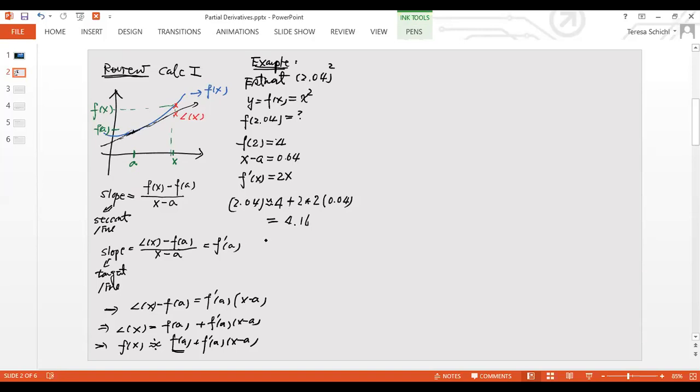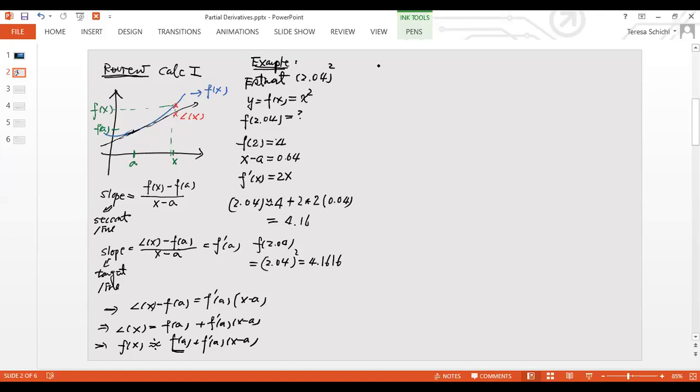If you use the calculator and directly put in f of x at 2.04, which is 2.04 squared, you will get 4.1616. All right, so it's very, very similar, right? The approximation is very good here.